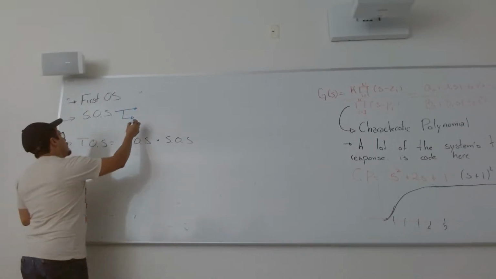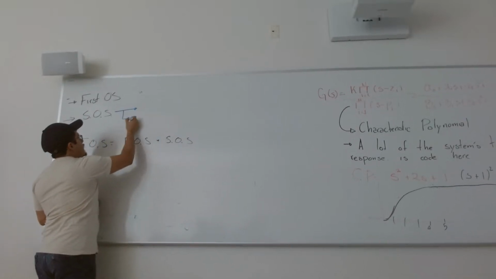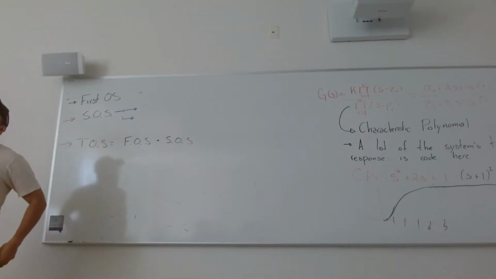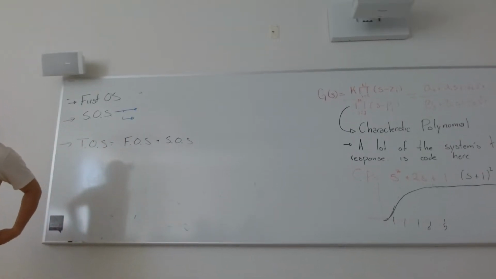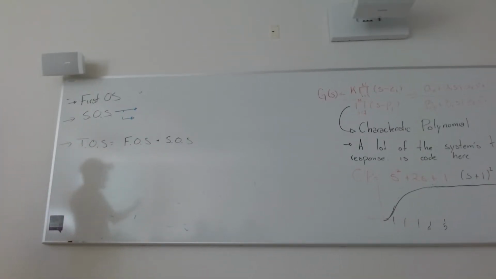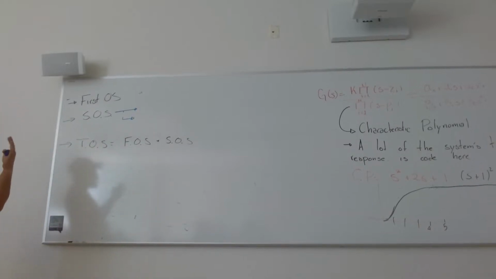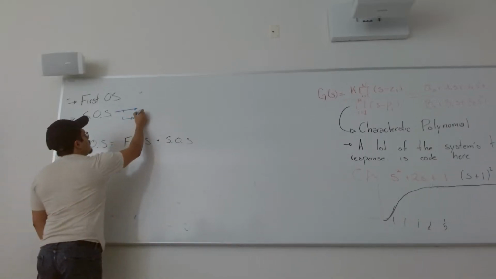Therefore, I only care to study second order systems if they are underdamped. That's it. Overdamped systems, as you can see, behave like first order systems. So the interesting part of second order systems is when they are underdamped. Okay?